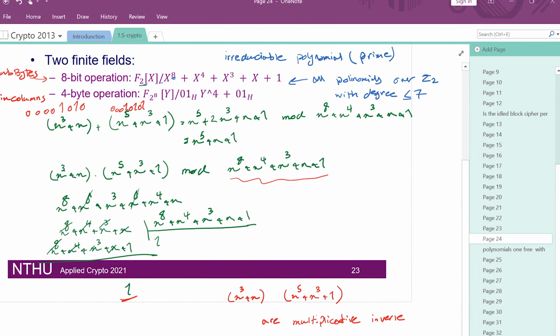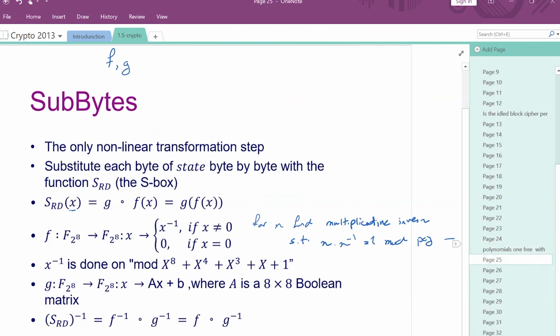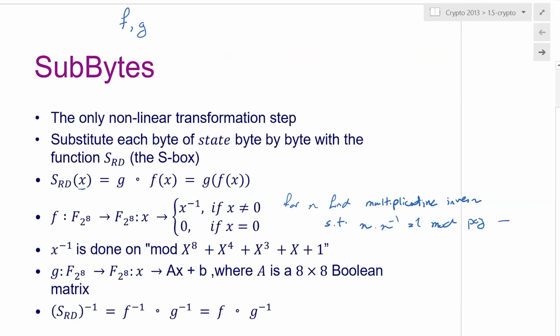So every time that the f function receives this polynomial, it would output this other polynomial because these are the inverse of each other. How do we compute that? Soon we will get there to see how we compute it. That is not our issue at the moment. All right, so that is just returning the multiplicative inverse, and it is done under this polynomial.